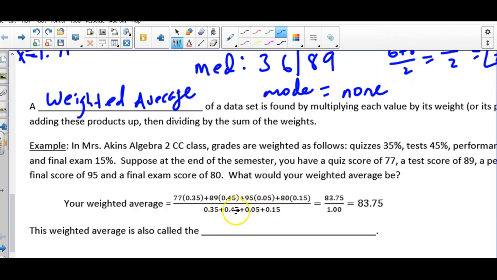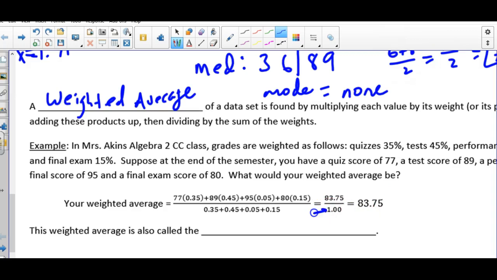Now you got to divide out your weights as well. These do not cancel, guys. Remember with your weights, you got to equal 100% or 1. So you add up all the weights, which are your percentages, you should get 1. And you evaluate this up here. You get 83.75, so that divided by 1 is 83.75.